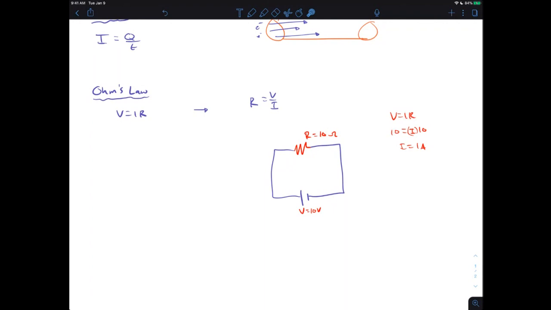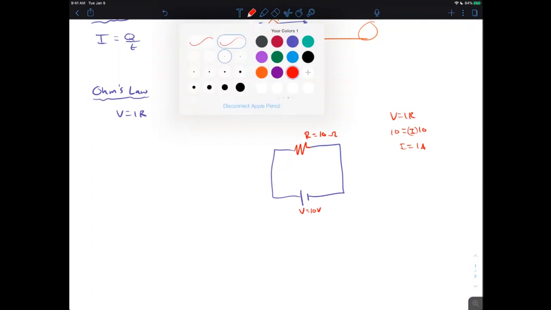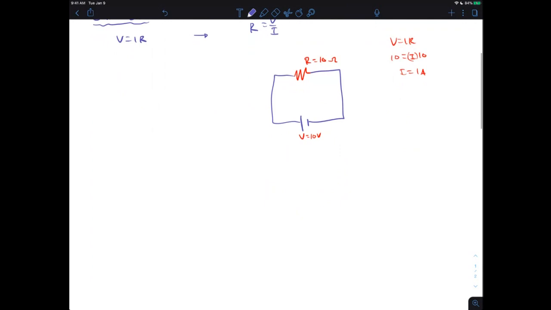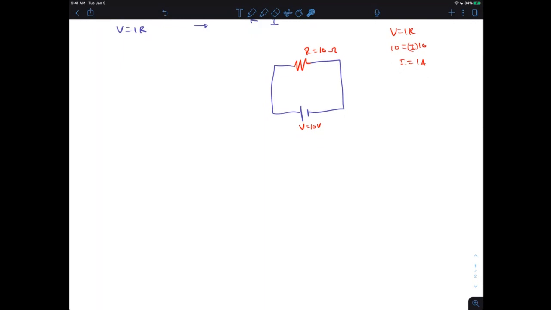What we're going to do now is start to combine this in two different ways. Because this right here is a very, very simple circuit. This is almost nothing. This is like just a light bulb hooked up to a battery, and that's it, right? But most things that we want to build or make or use are going to be much more complex than that, right? So what we need to do is set up some rules for how you combine these resistors.